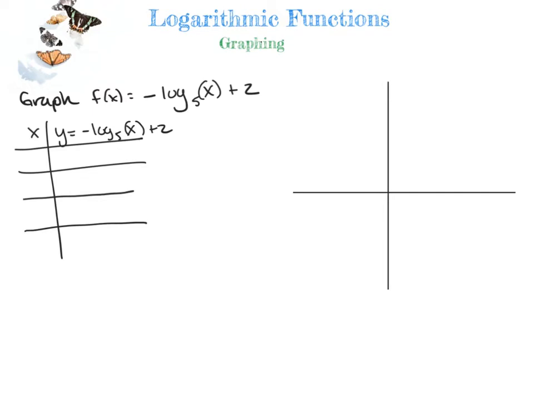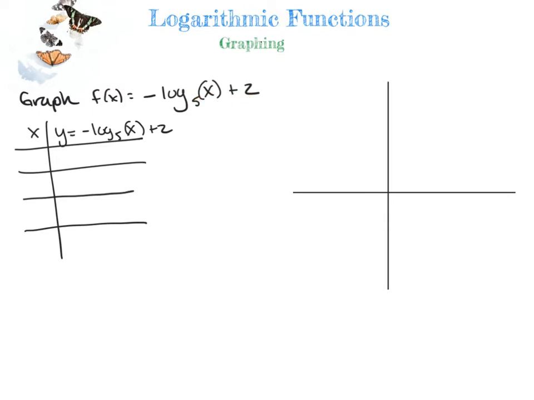Let's graph f of x equals negative log base 5 of x plus 2. Okay, so we're going to do this by making a chart, and I put parentheses here around the x just so that we could tell that the x is the only thing inside the argument of the log. The plus 2 is separate from that.